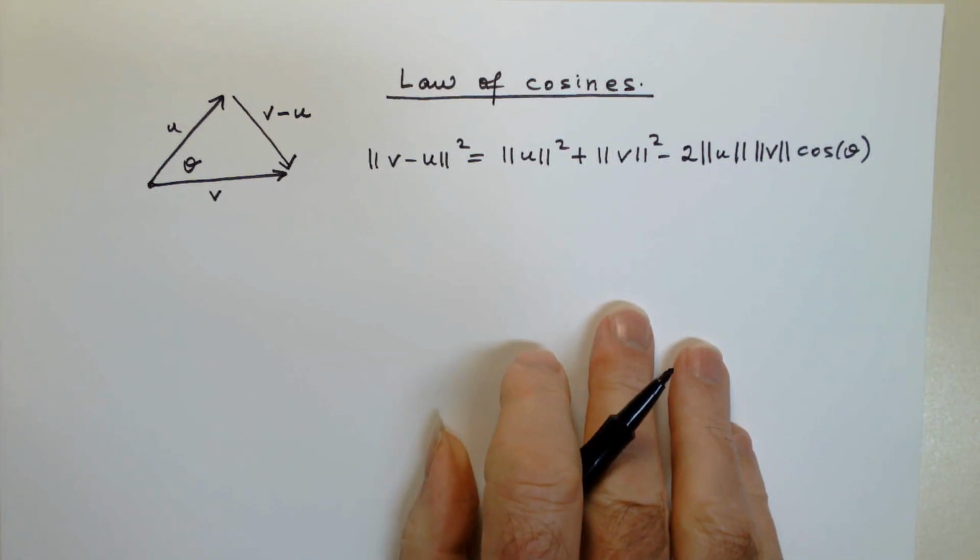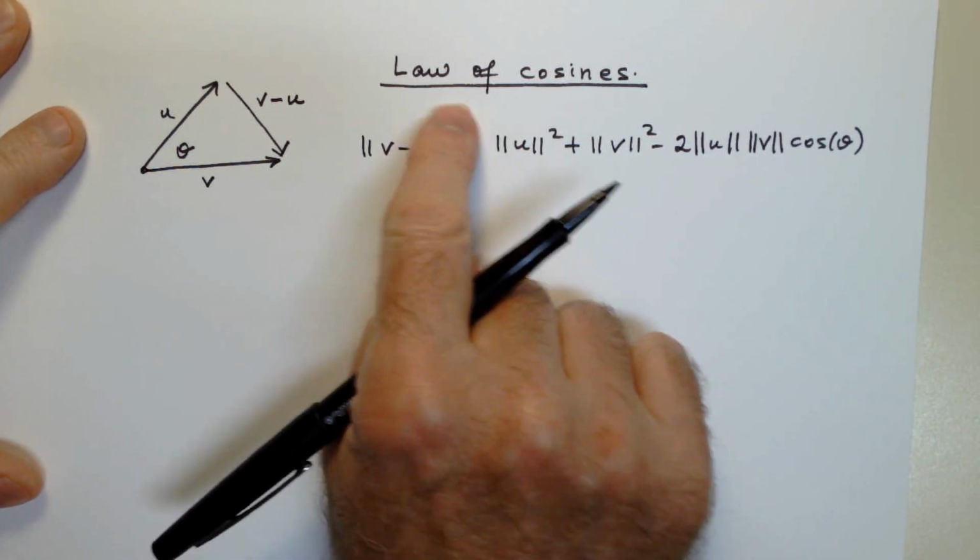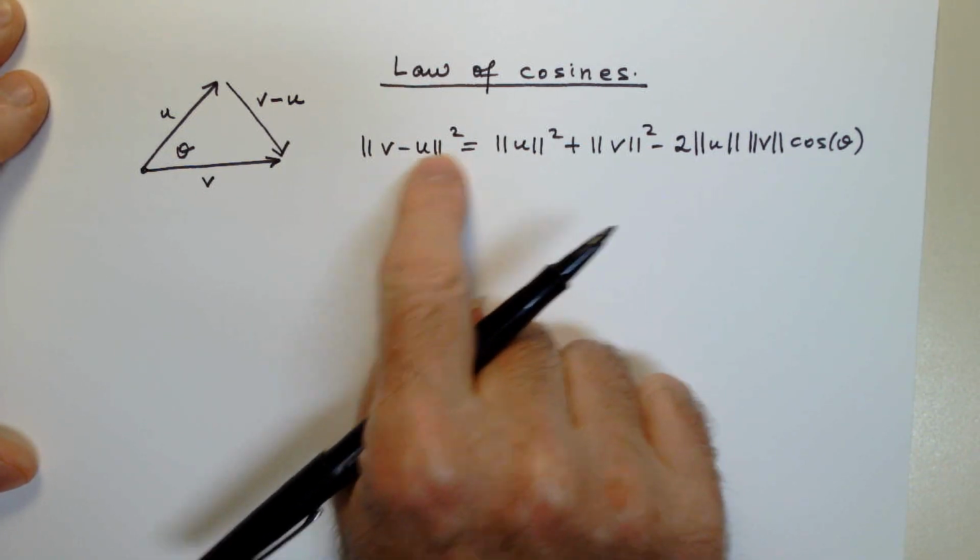So that's a statement of the law of cosines. Now what I want to do is work on this side a little bit. Let's do a little side calculation.